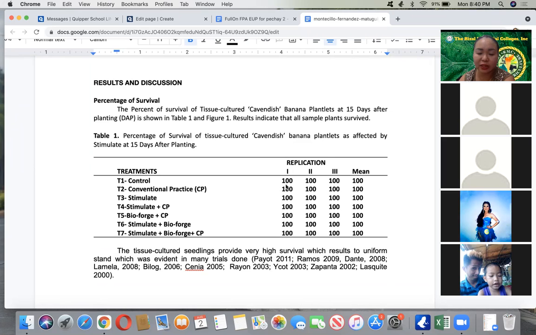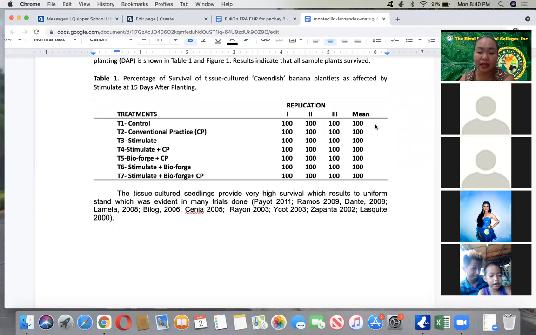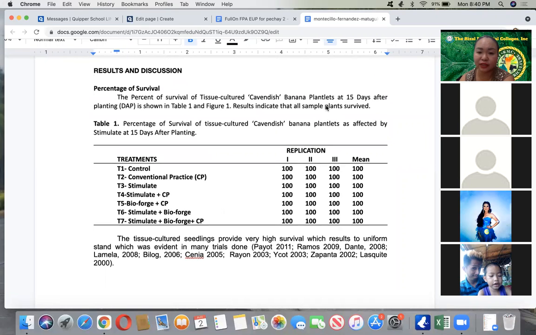Like T1, replication 1 is 100, T1, T2, and the mean and so on is 100. You don't have to repeat all of that in your results and discussion. You just say the results indicate that all sample plants survived. That's the simple and very short explanation of what is in table 1.